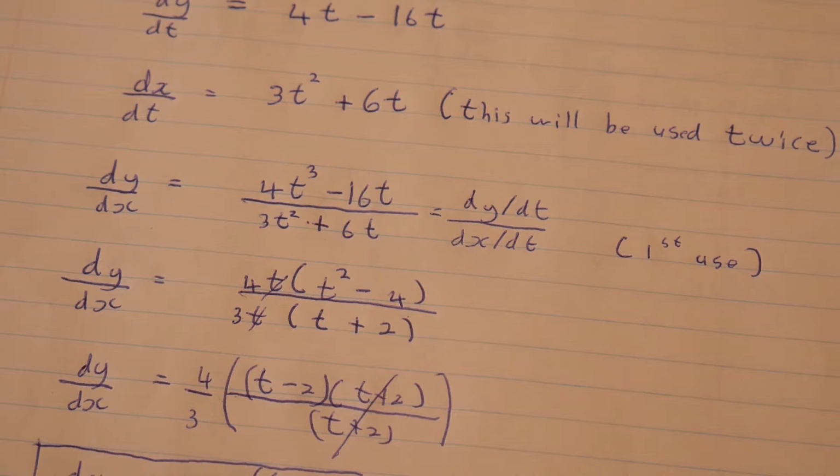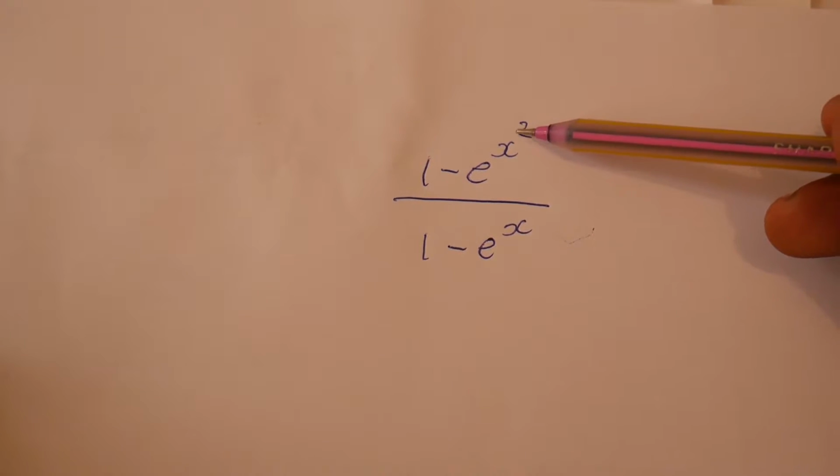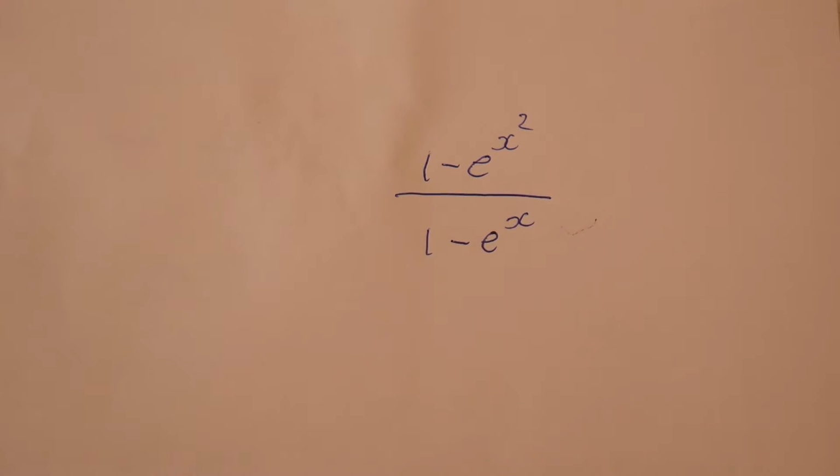Now, how do you know when to look for a difference of two squares? Well, remember limits, the last time we used one in a test, it was because we had 1 minus e to the x squared divided by 1 minus e to the x. Of course, it was written as e to the 2x, which is the same as e to the x squared.